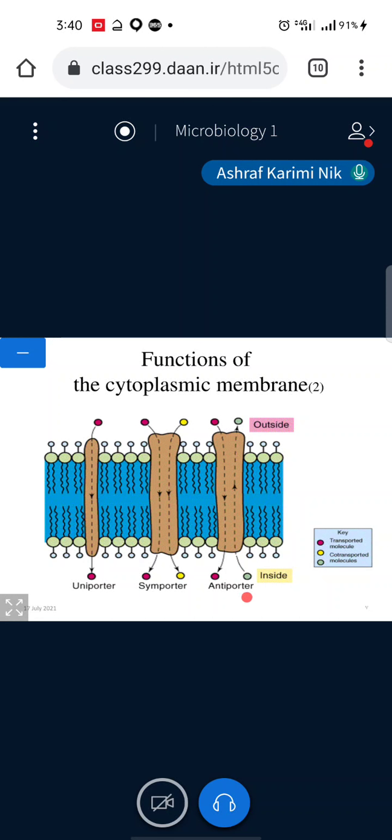But antiporter: two materials, one enters, another exits. It's the opposite. Anti means opposite. Red enters, green goes outside.